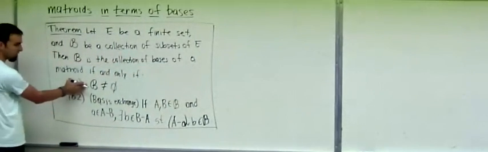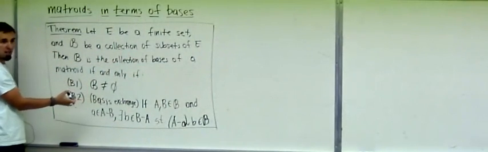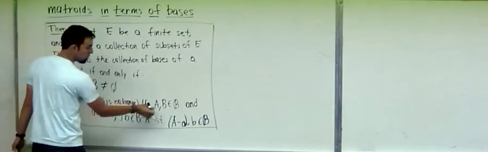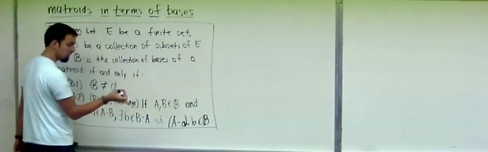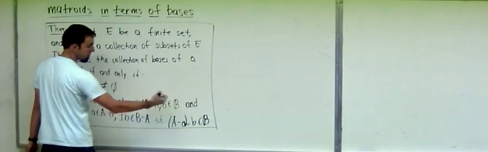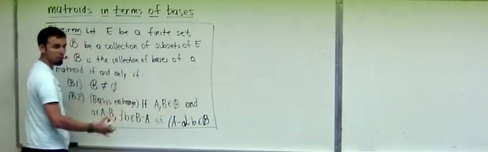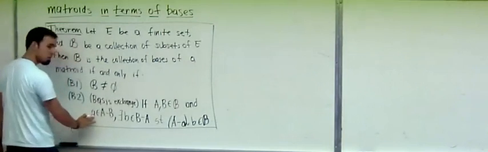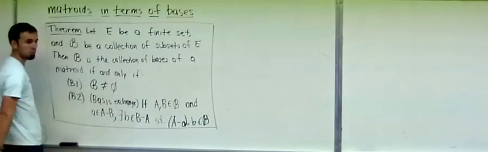So again, this first thing is kind of trivial, and the basis exchange axiom says if you have two bases, then you can exchange any element of the first one with some element of the second one and still have a basis.